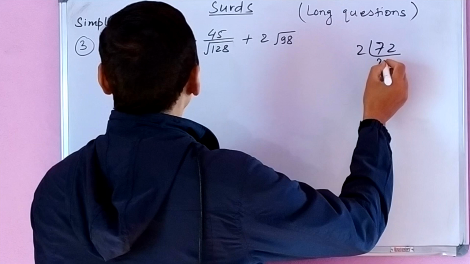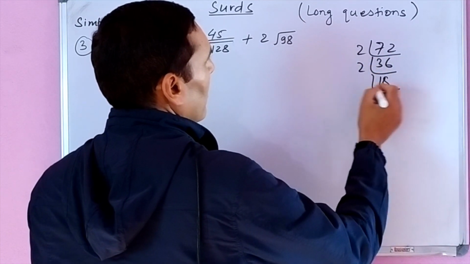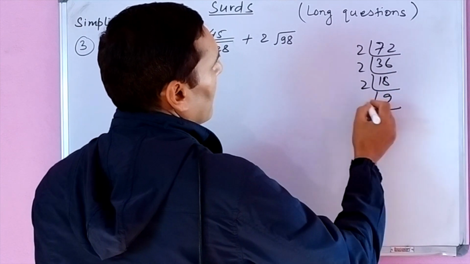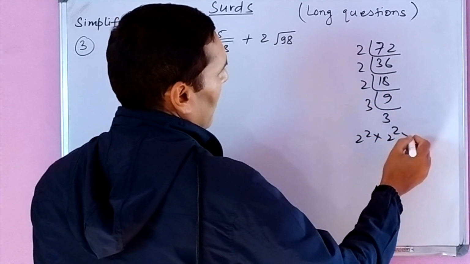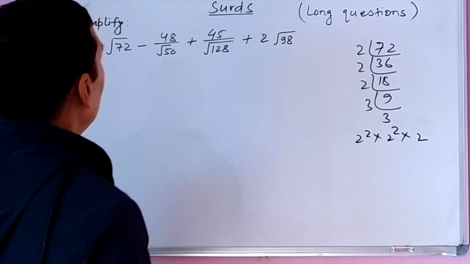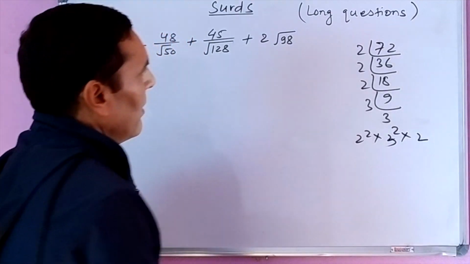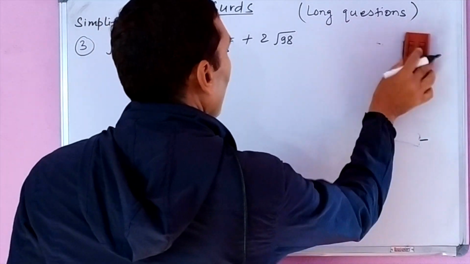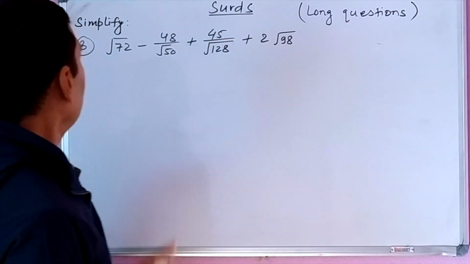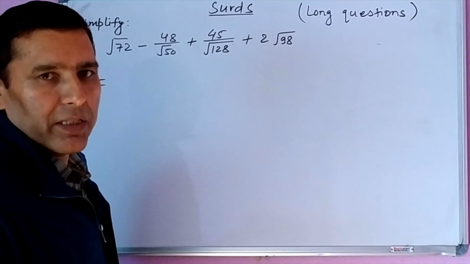2 36 times, 2 18, 2 9, 3 3. So it is 2 square into 3 square into 2. So it is 36 into 2, because the biggest square factor of 72 is 36.